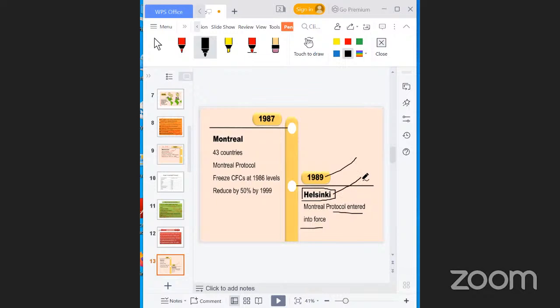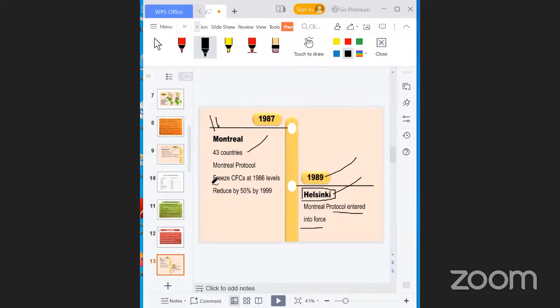In Helsinki, I already told you about the Montreal Protocol, 16th September of 1987, where representatives from 43 countries signed.